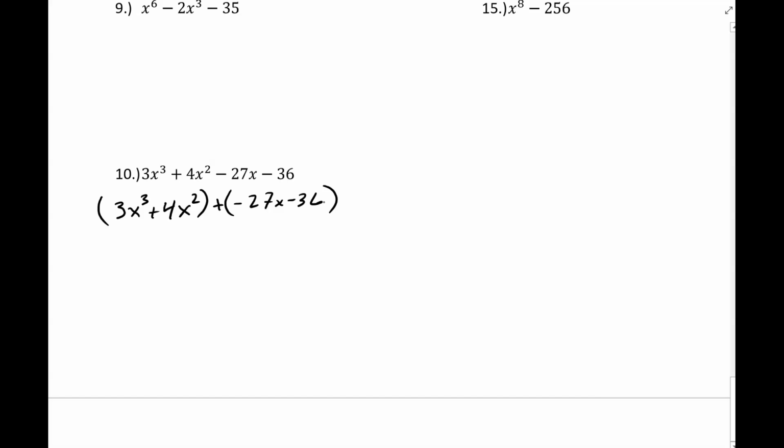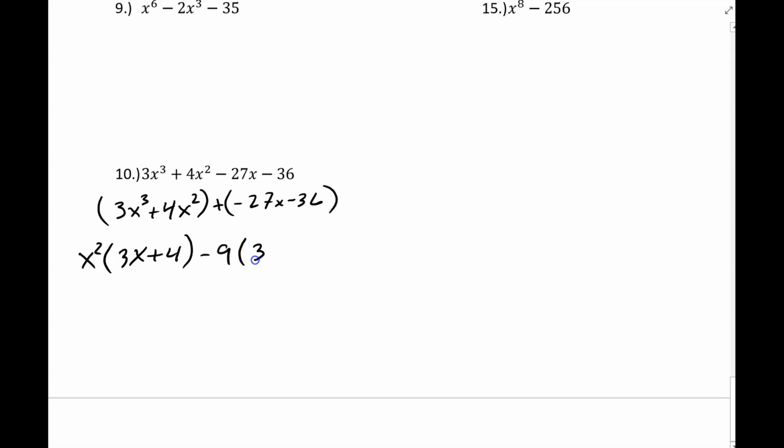Okay, so from there, in the first group, I'm going to look for a greatest common factor. What's the greatest common factor between 3x cubed and 4x squared? X squared. So when I factor that off, I'm left with 3x plus 4. And in the other group, negative 27x minus 36, what's the greatest common factor there? You can do more than negative 3, negative 9.